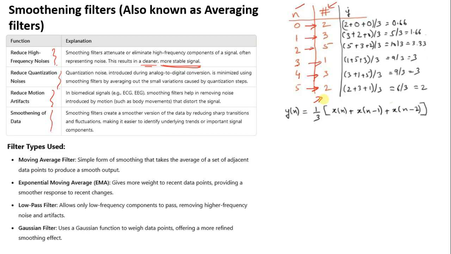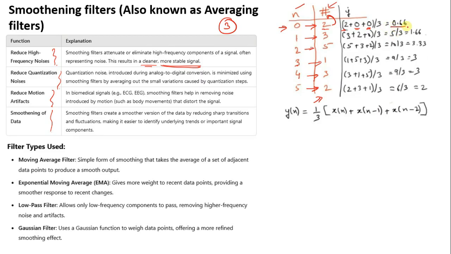Now, if I want to find out at the 0th instance the average number of students present, and I want to take three time instances into account, then I will take 2 plus 0, that is at minus 1 there were 0, and at minus 2 there would be 0, divided by 3.